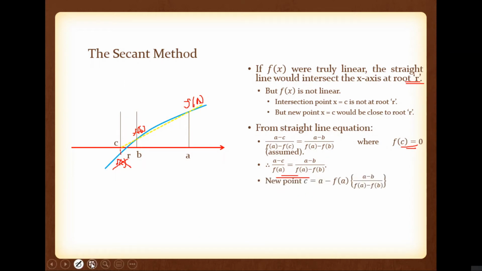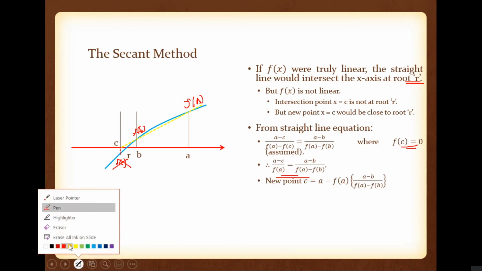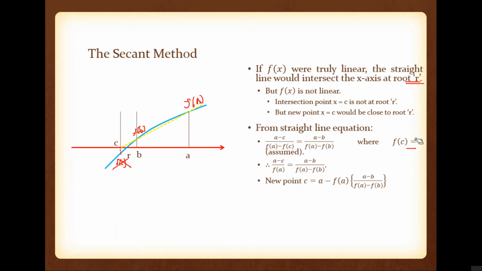Okay. So please note, the new point c is equal to a minus f of a into a minus b divided by f of a minus f of b.